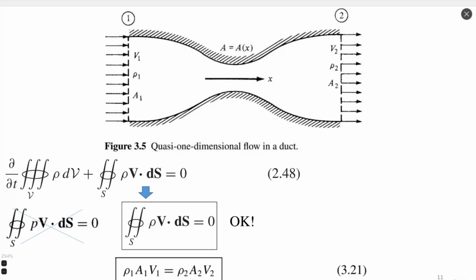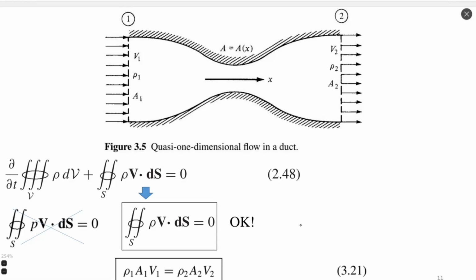The continuity equation can be seen at the bottom of this slide, equation 2.1, right, which says that the quantity of mass which enters the control volume is the same as exits from the control volume. Pay attention that in the 5th edition of the Anderson book we had an error in the continuity equation.